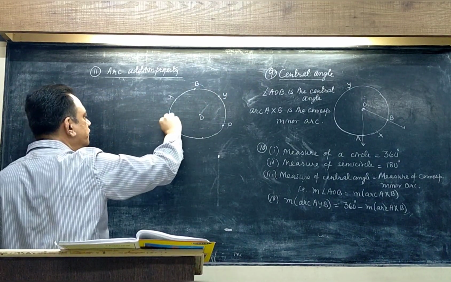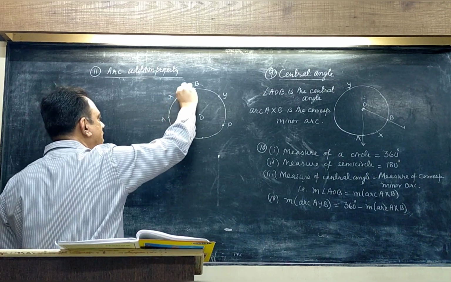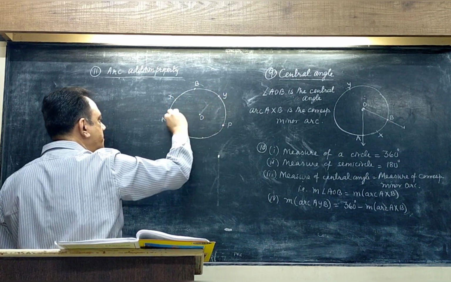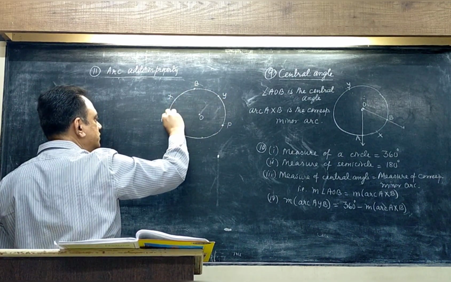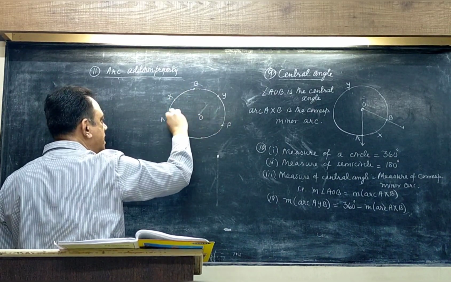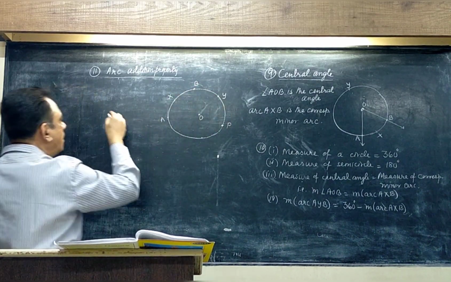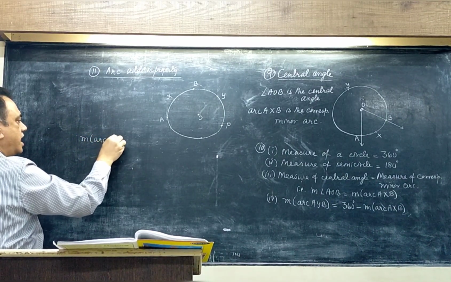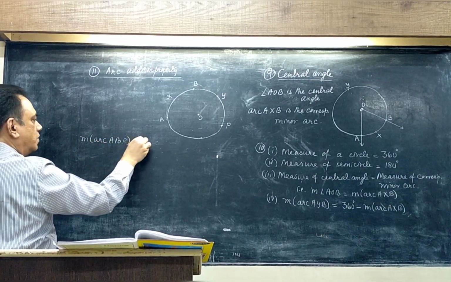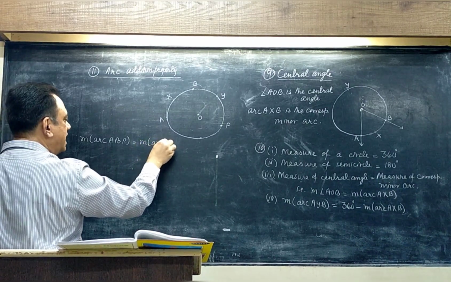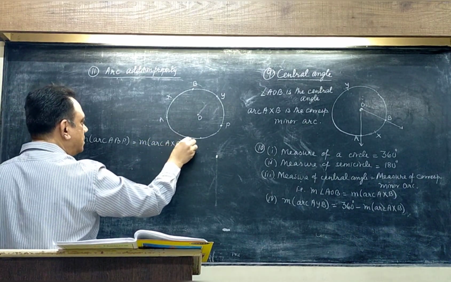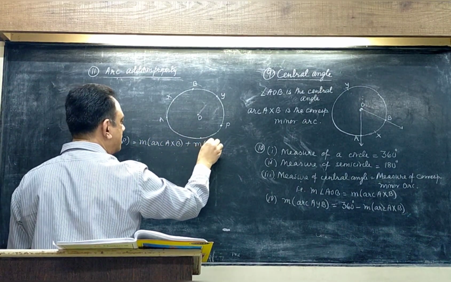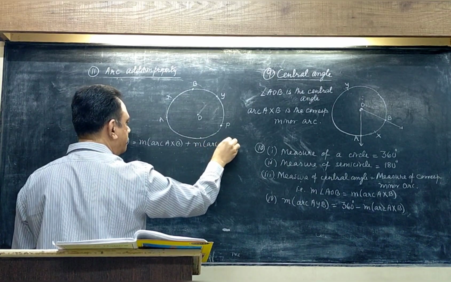Now if I want to find out the measure of arc ABP, how will I get it? It will be measure of arc AXB plus measure of arc BYP.